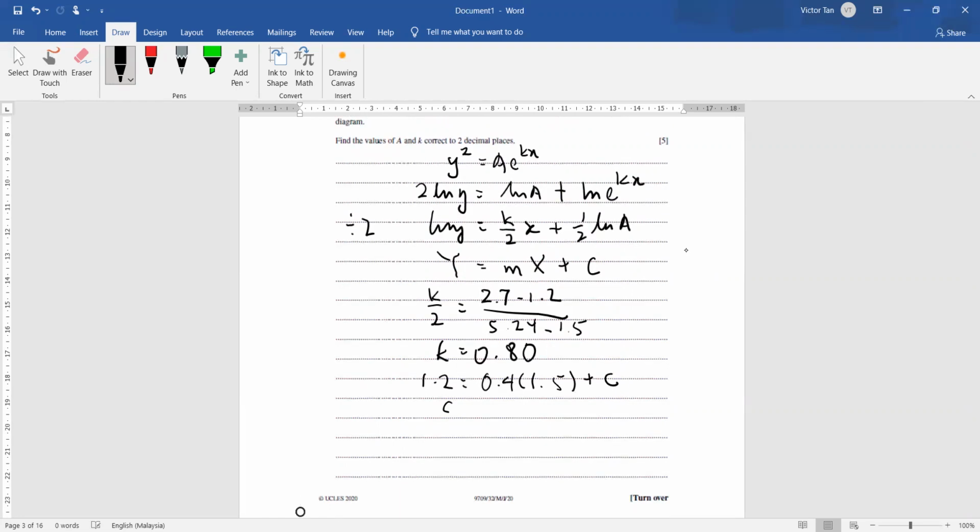So c is 0.6. So half ln a is equal to 0.6, and a is 3.32. Okay, there we have it.